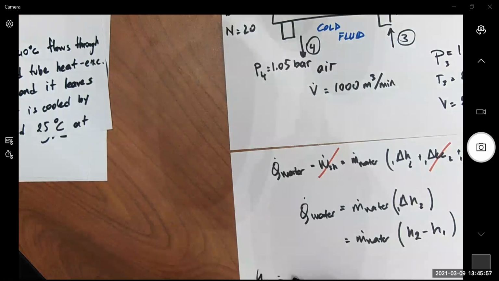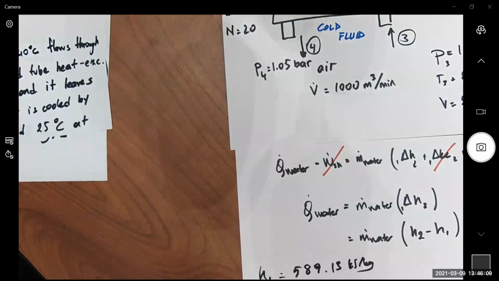H1 is 589.13 kilojoules per kilogram. H2 is 251.13 kilojoules per kilogram. Then Q water.